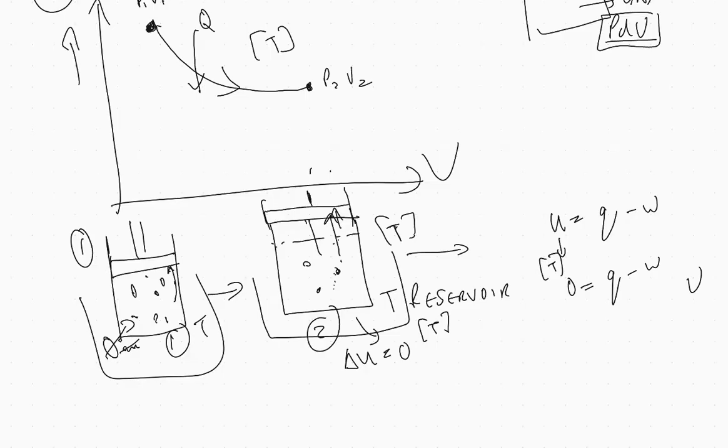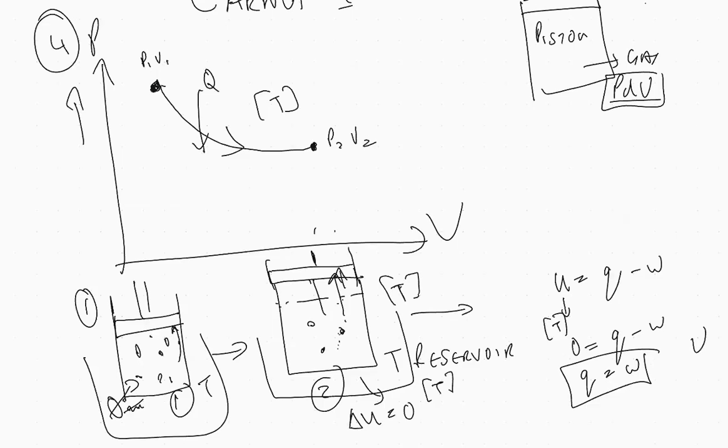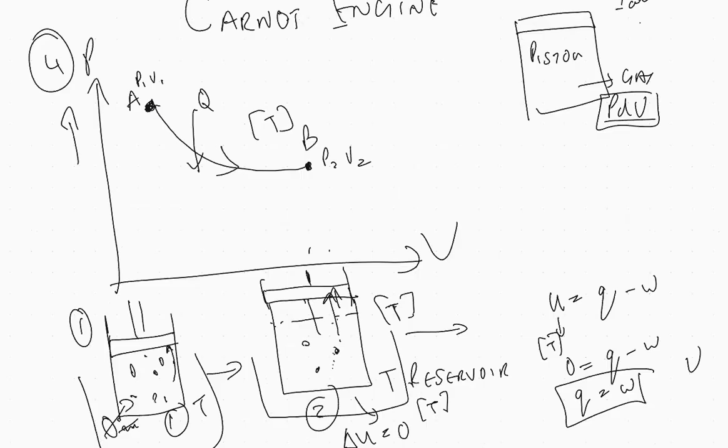Okay, so now we are going through the adiabatic process from, let me put, A and B. Then we are going to see what happens here is adiabatic.